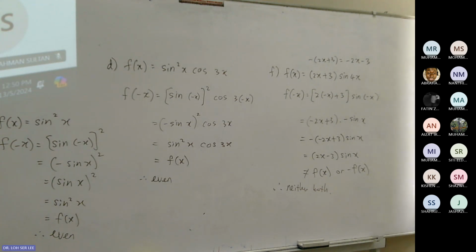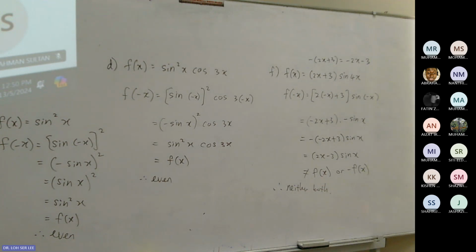You have to know how to identify whether the function is odd or even, because next, when you move into the Fourier series, you have two types. One is full range. This week we will look at full range. After full range, there is a half range Fourier series. Why we have half range?